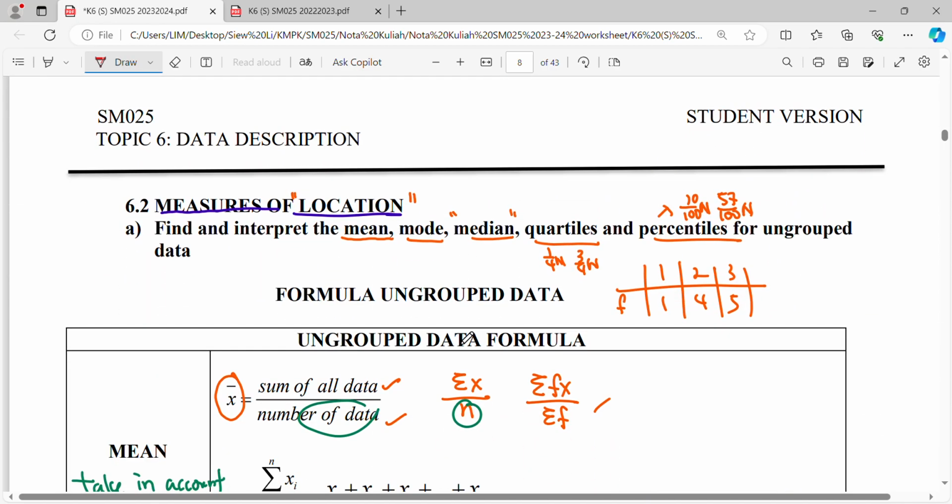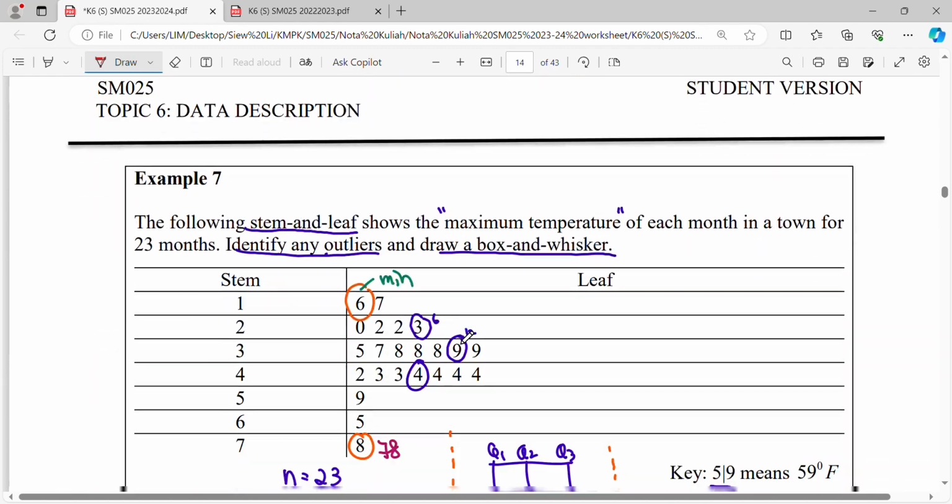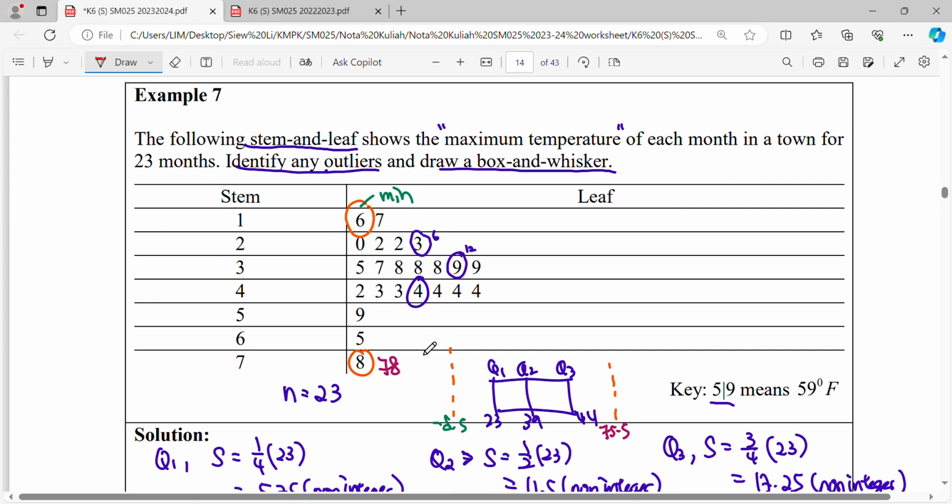So since this question is given in stem and leaf presentation, based on this stem and leaf, what can you say about the distribution for this data? Skewed to the right, skewed to the left.